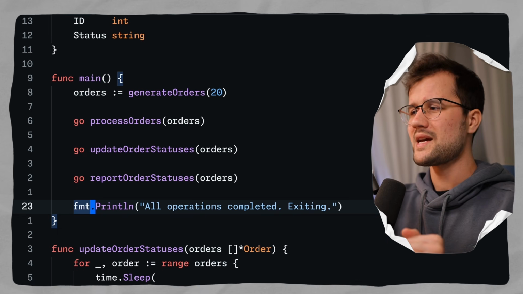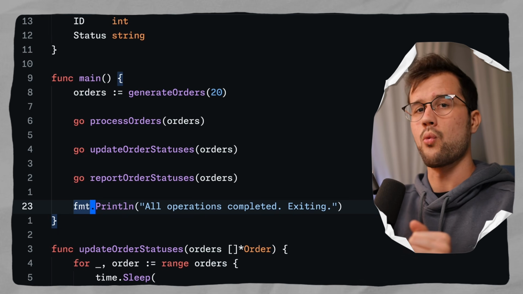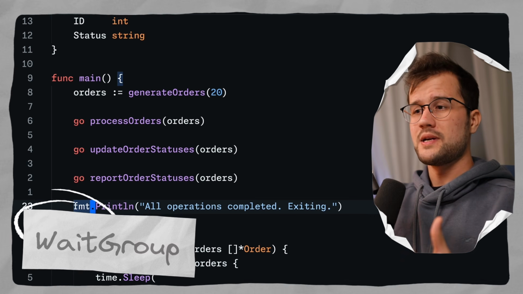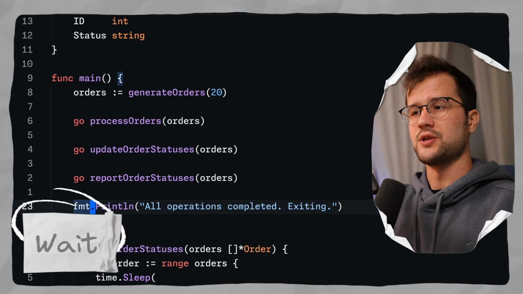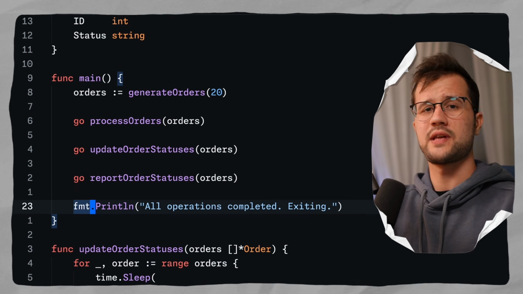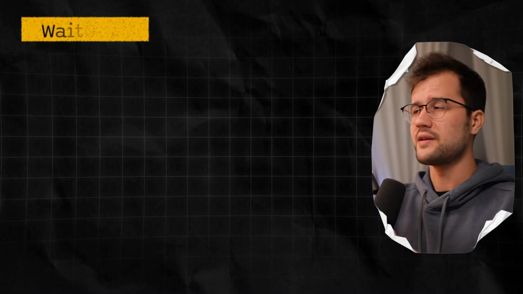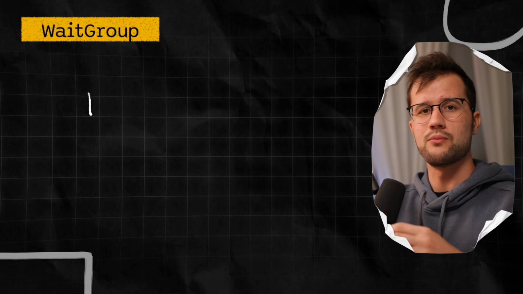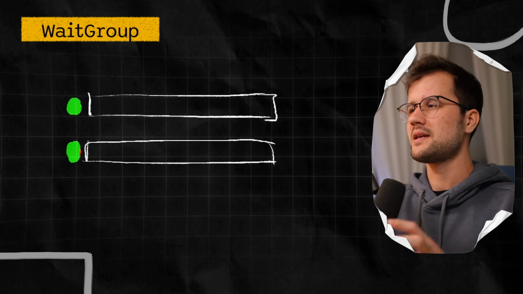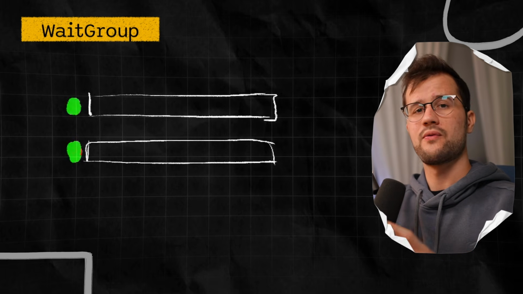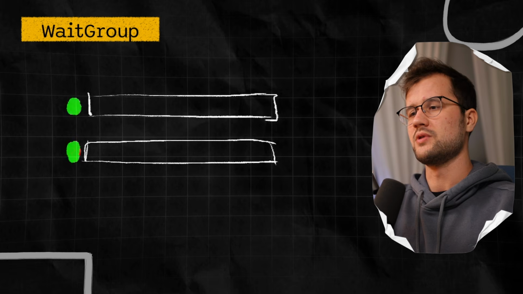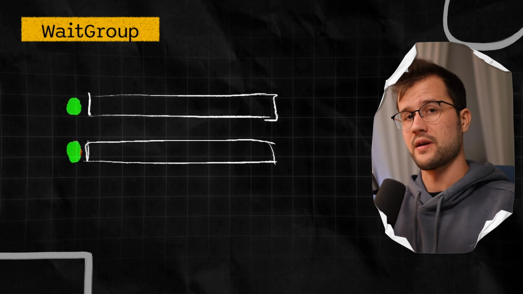And for that, we can actually make use of a WaitGroup. Now you might wonder, what is a WaitGroup? First of all, WaitGroup is part of the concurrency features of the Golang language. And it's basically a synchronization primitive in Golang that is used to coordinate multiple Goroutines. Now again, a WaitGroup basically allows you to wait for a collection of Goroutines to finish executing before executing the next step.